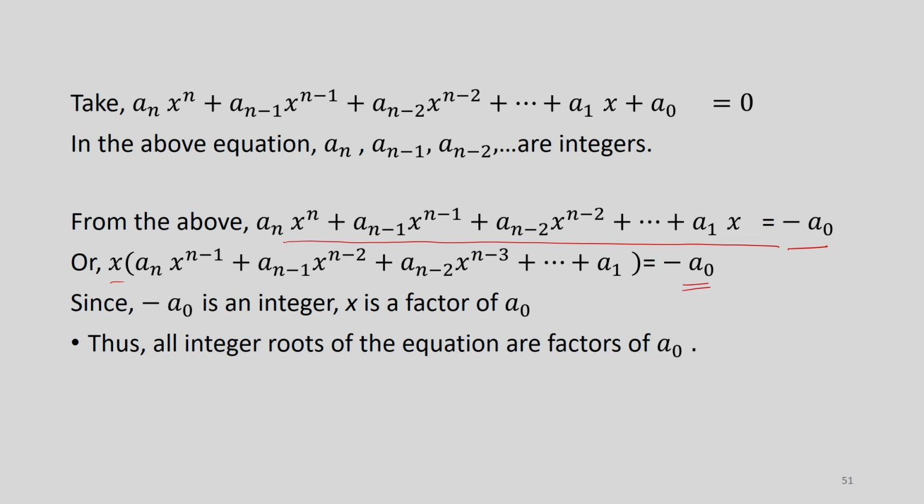Thus, all integer roots of the equation are factors of a0. Obviously this will not hold for non-integer roots, but if we are talking about only integer roots, then all the integer roots will satisfy this relation, and therefore all integer roots will be factors of minus a0, and therefore they will be factors of a0.